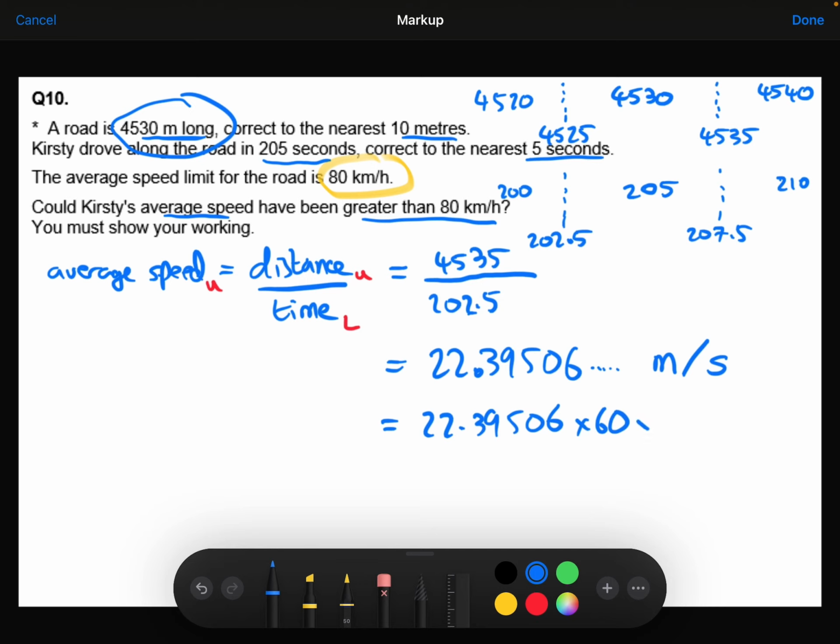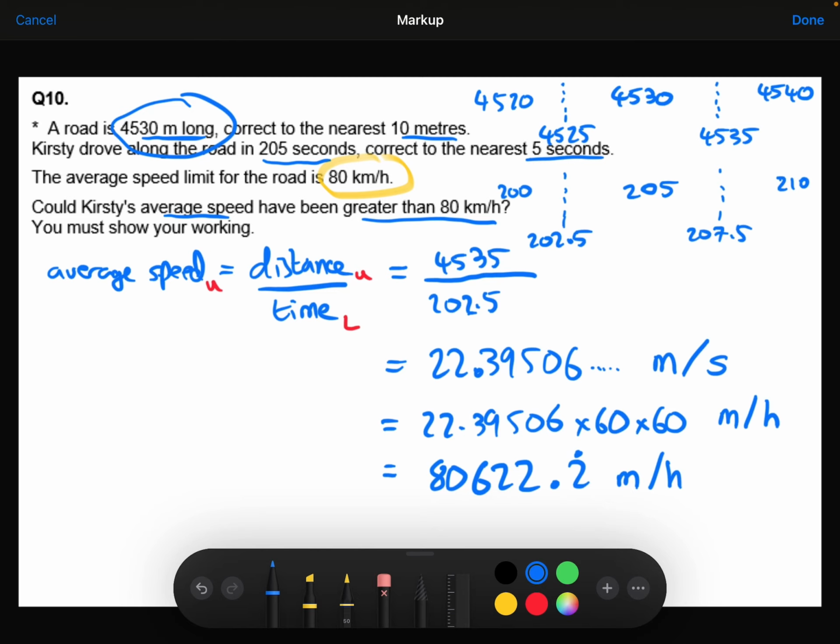In an hour, she will travel 60 times further than that. So this calculation will tell me how many metres she travelled in an hour. So I find that that is 80,622.2 recurring metres every hour.